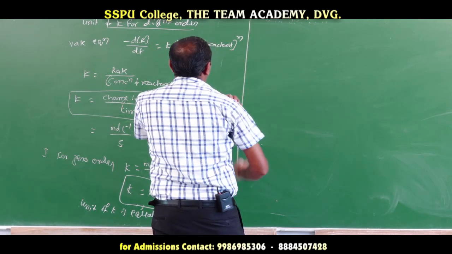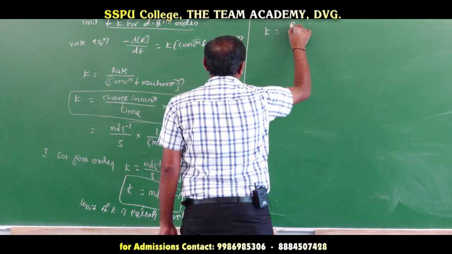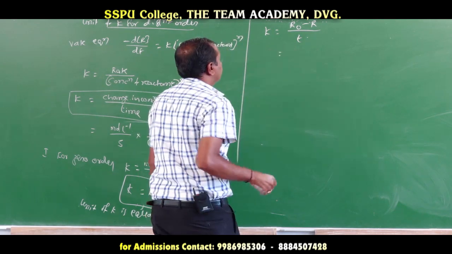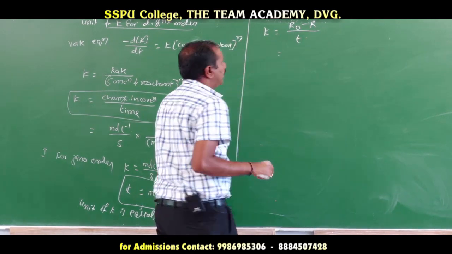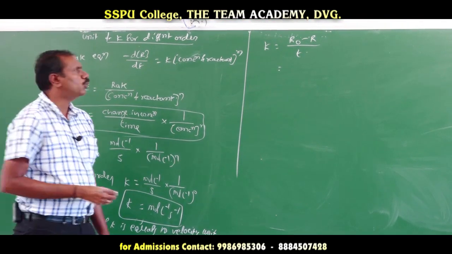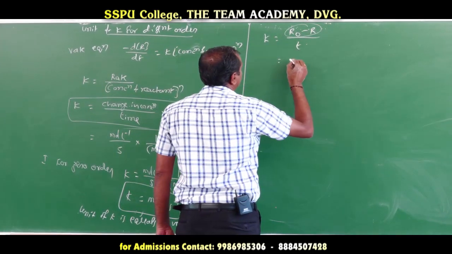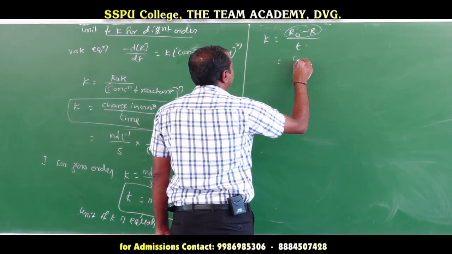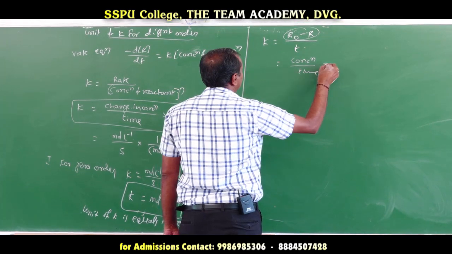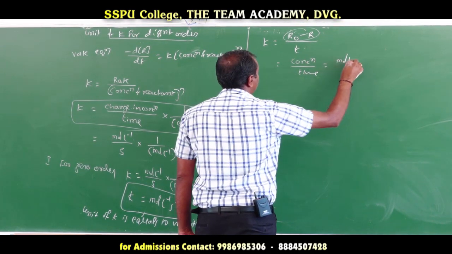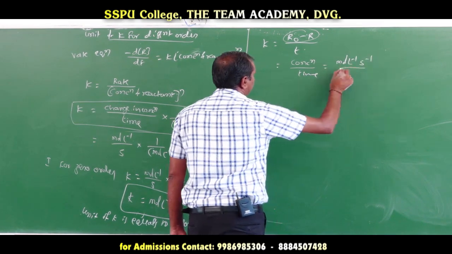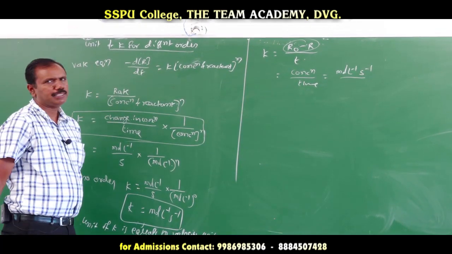We know that for zero order, K is equal to R naught minus R divided by T. R naught is the initial concentration, R is the concentration left. So R naught minus R is nothing but concentration, concentration by time. Concentration unit is mole per liter, time in seconds, so per second. Mole per liter per second.